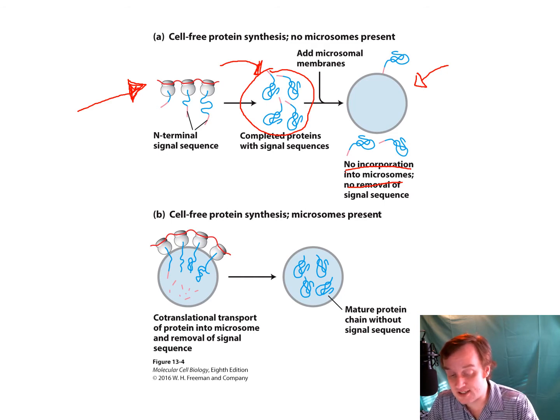Conversely, they did the same experiment, but they started with the microsomes present as well. So they put the ribosomes, the mRNA, all the amino acids and everything necessary to do translation, and the microsomes, and then they looked at the microsomes after this experiment. What they found was that there was protein without that signaling sequence inside the microsomes.